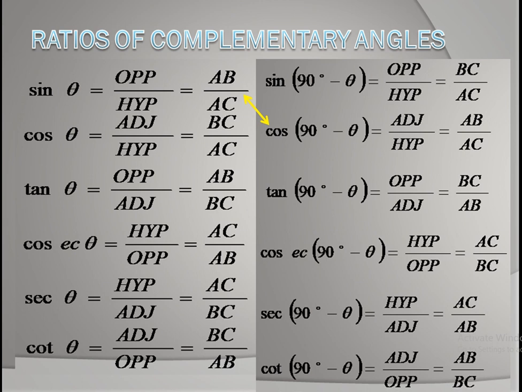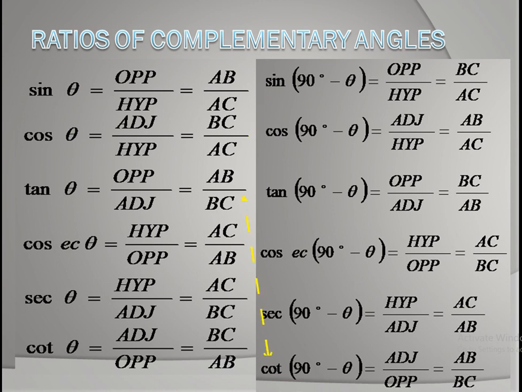So sin theta is equal to cos(90 degree minus theta). Next, you see that cos theta is equal to BC by AC. Here also sin(90 degree minus theta) is equal to BC by AC. So cos theta will be equal to sin(90 degree minus theta).